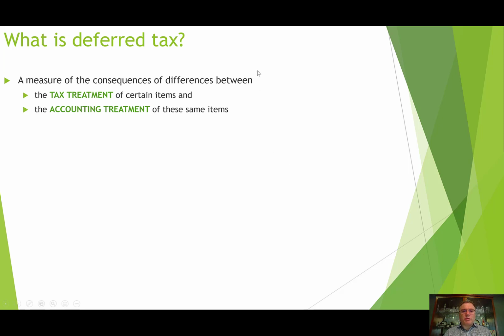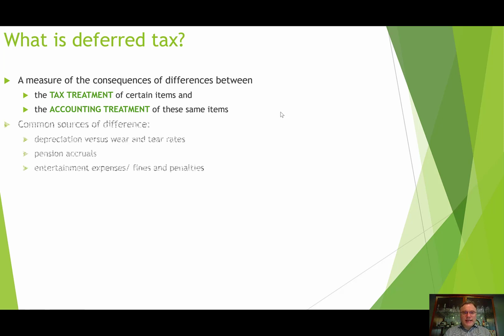So you can see the first point I've made is that it's a measure of the consequences of differences between the tax treatment of certain items and the accounting treatment of these same items. This is a fundamental point, and I'd like you to keep this very much in mind. Tax rules and accounting rules diverge in many matters.